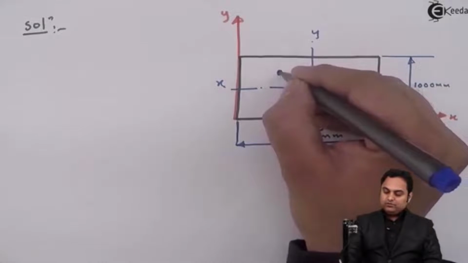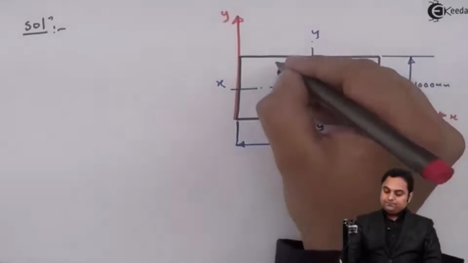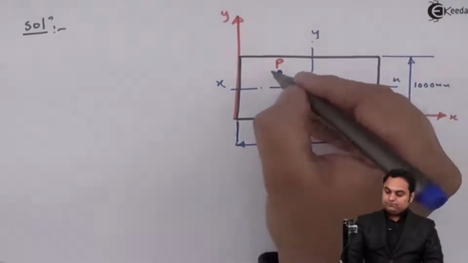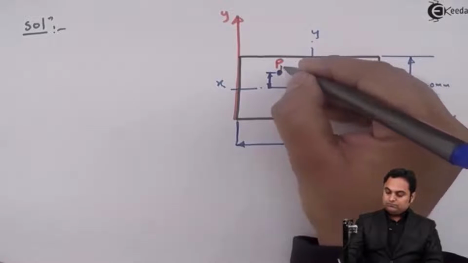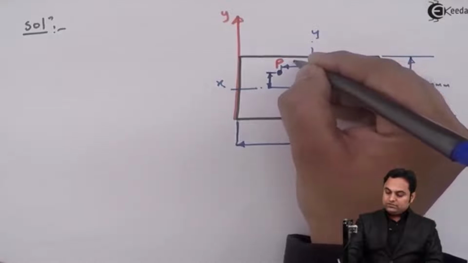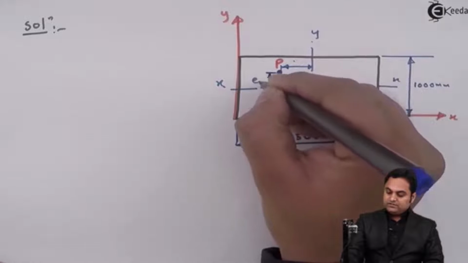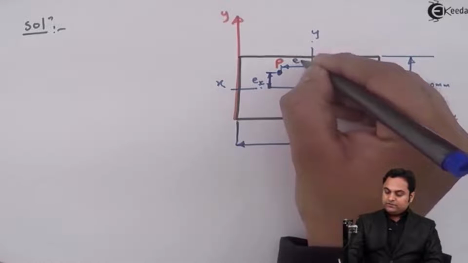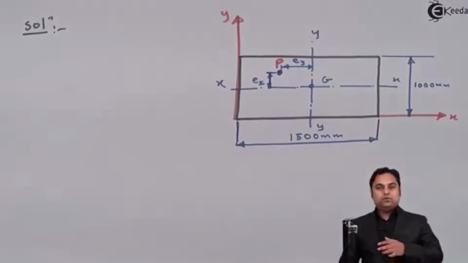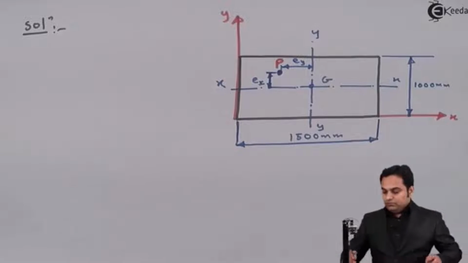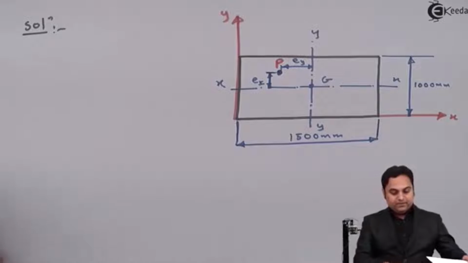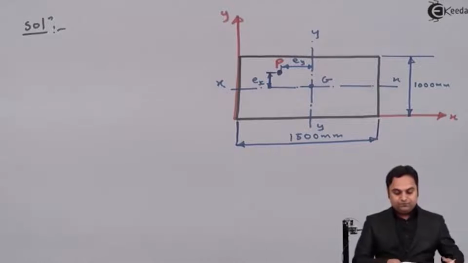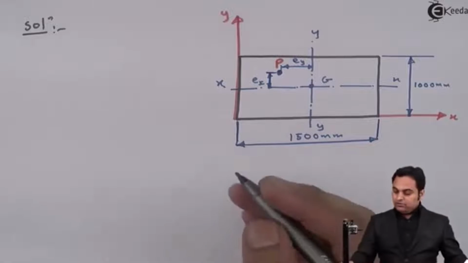So I'll say that the load is placed somewhere here. So this is Ex, eccentricity with respect to x, Ey, eccentricity with respect to y. Now both the distances are same, that is 250 mm, and here I'll mark the corners.